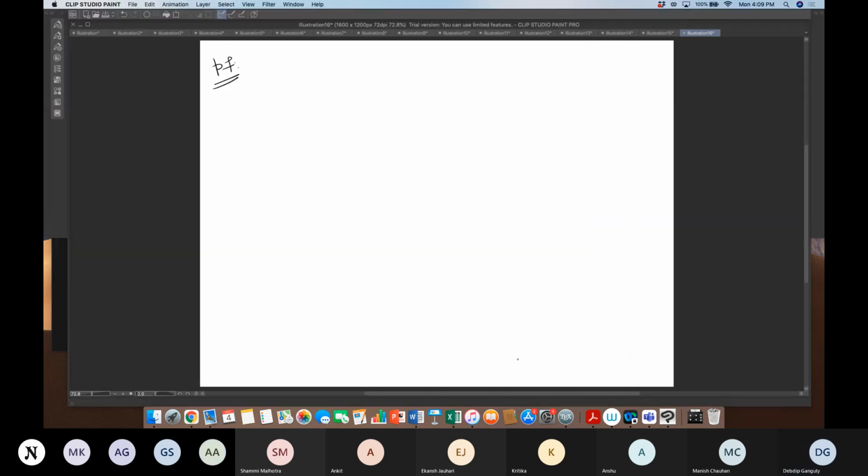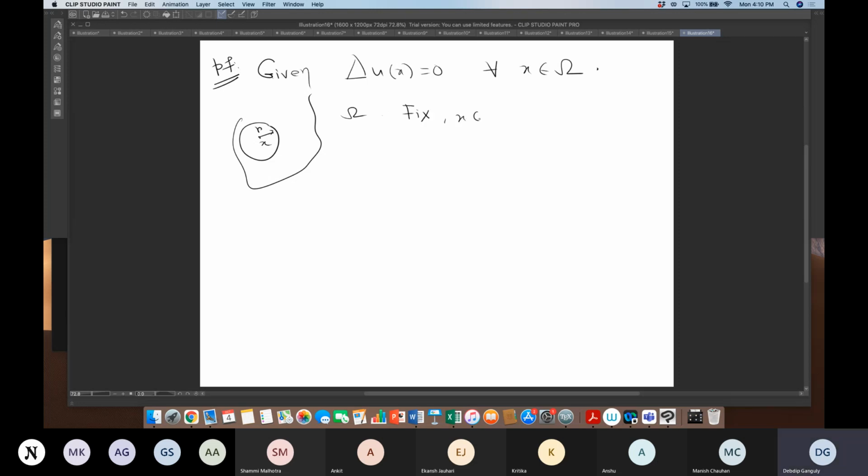Good. So what is given? Just be careful in this proof. Given: Δu(x) equal to 0 for all x in omega. Now you have a set omega. You fix any x belonging to omega.